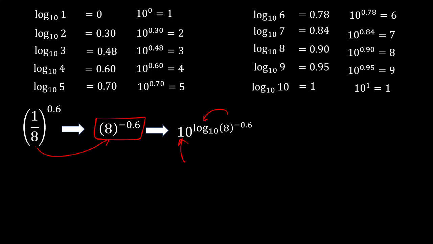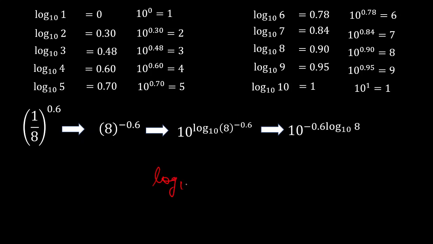And I know that nothing will change, right? So I will do this, and then what I can do is use the law of exponents here. So log 10 of 8 to the power minus 0.6, okay? And this power here will be multiplied to log 10(8).